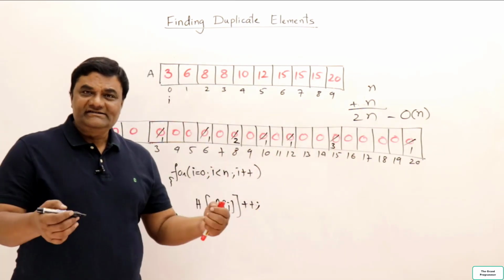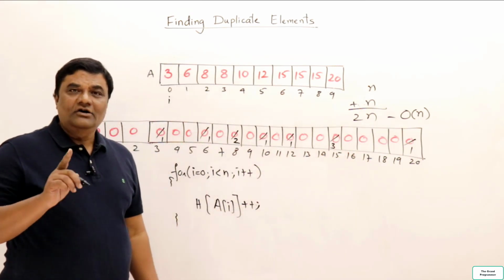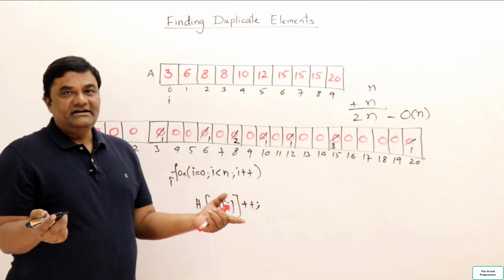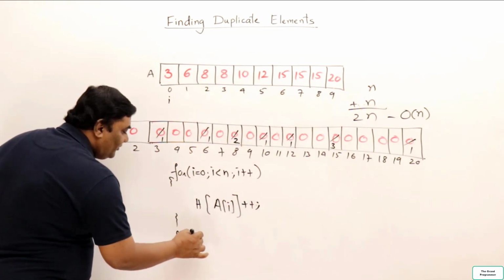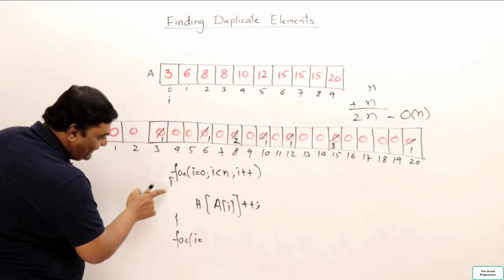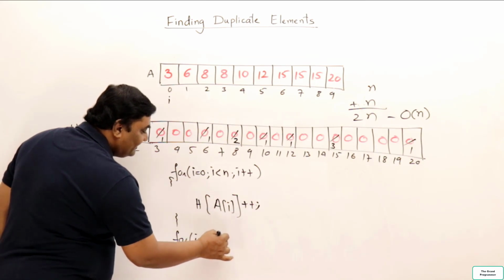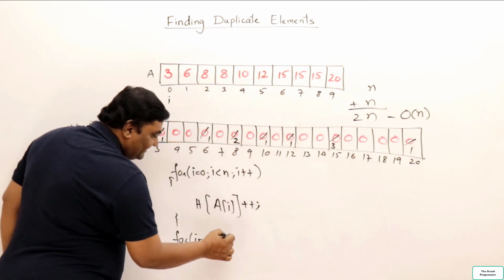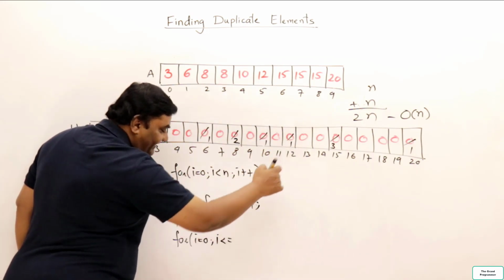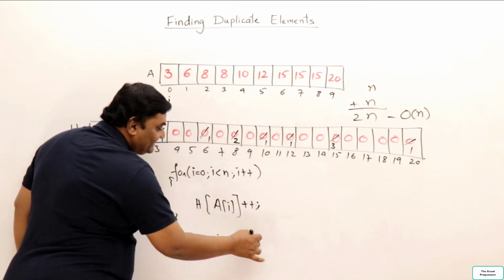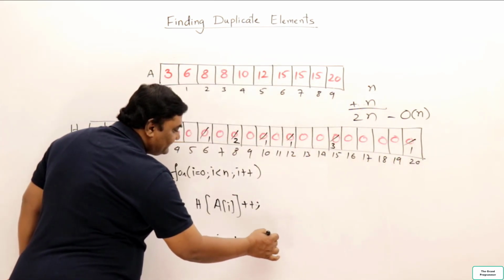This is over. Now the next step is go through this hash table array, and wherever we have count more than 1, print the element. So here for loop once again. For again I will take I. See, this is not inside this for loop, this is independent for loop, right? For I assign 0, I is less than or equal to whatever the maximum number is. Like here we have maximum is 20, so up to 20, and I plus plus.